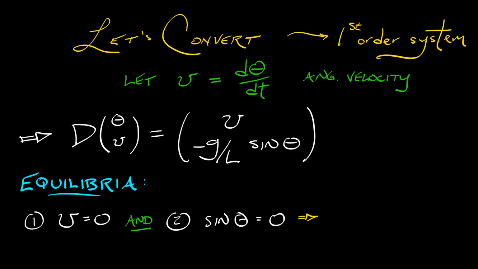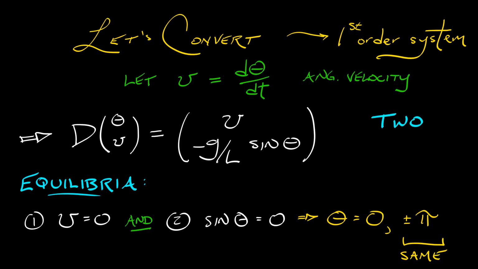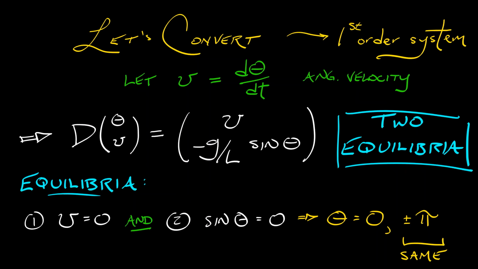Well, theta could be 0, or it could be plus pi, or minus pi, or plus 17 pi. There are all kinds of solutions, but remember, theta is an angular variable, a circular variable. That means plus pi, minus pi, it's all the same. In the end, we have two equilibria, one at 0, 0, and one at plus or minus pi, 0.